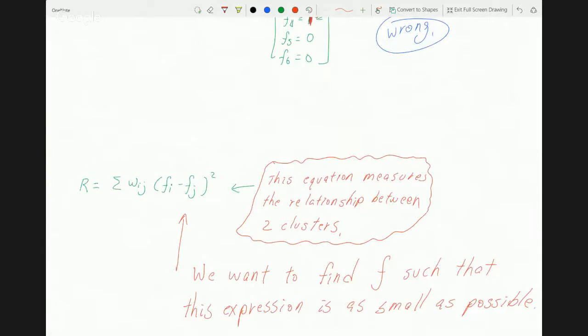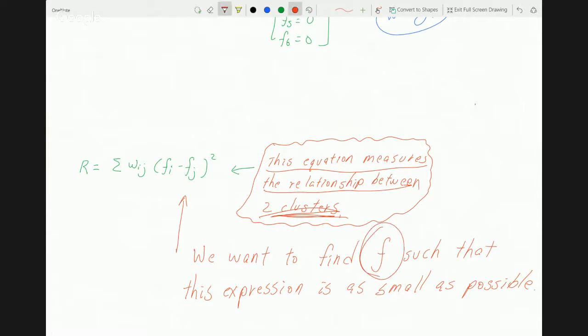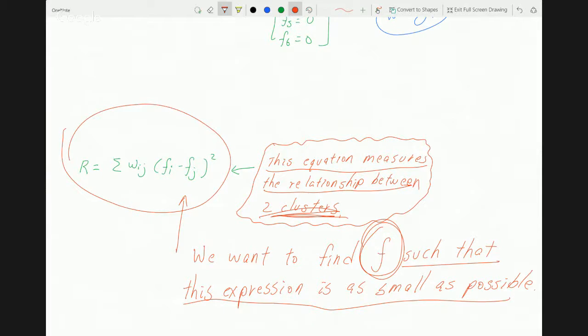I want to reiterate this. This equation measures the relationship between two clusters. And we want to find a solution such that this expression is as small as possible. And that's what we're trying to do. Now, we want to mathematically formulate this.